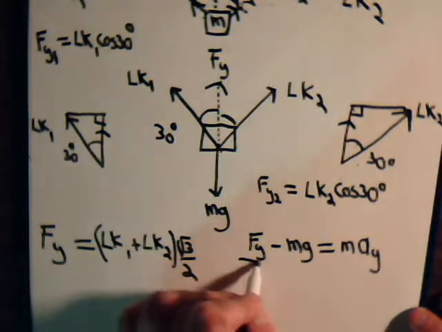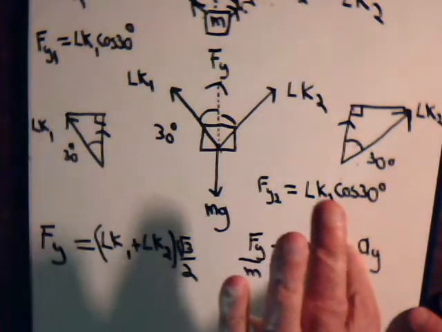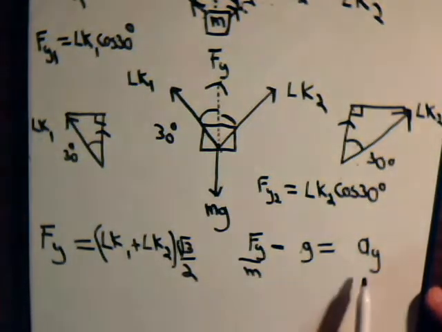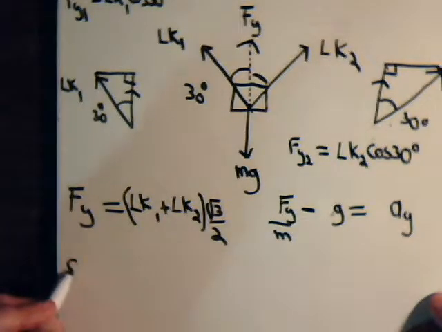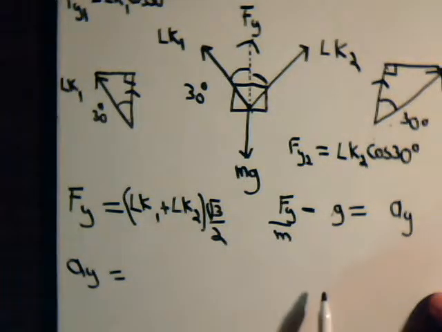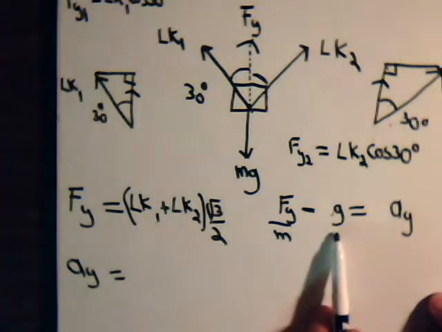So we have F of y over m minus g. That is then the acceleration in the y direction.